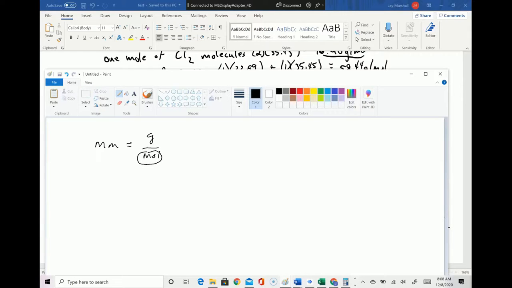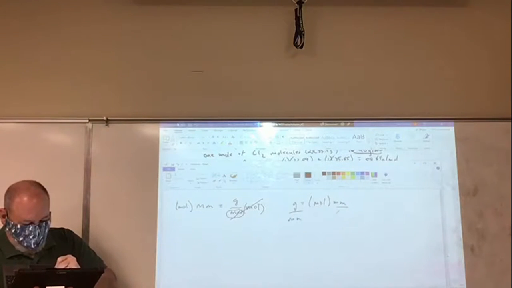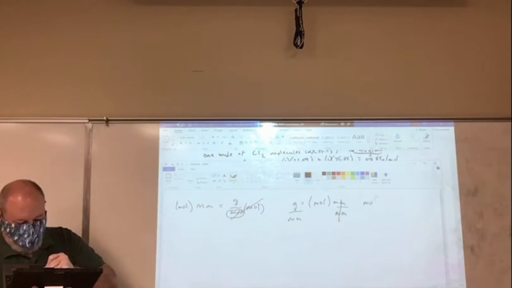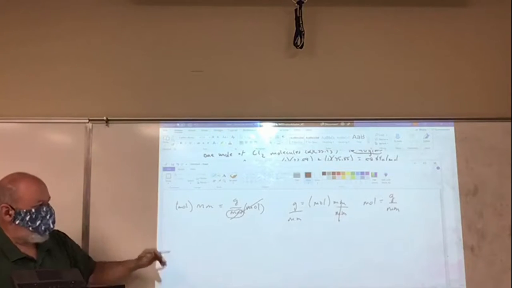You could multiply both sides by moles, and moles cancels out there, and that leaves you with grams equals moles times molar mass. And then you can divide by molar mass, and that cancels out there, and that leaves you with moles equals grams divided by molar mass. Okay, that's one way that you can get there.